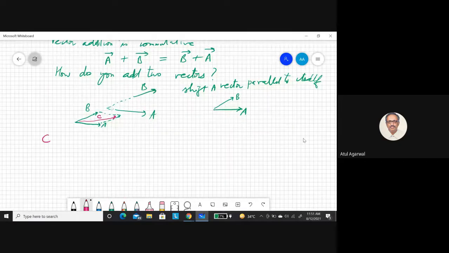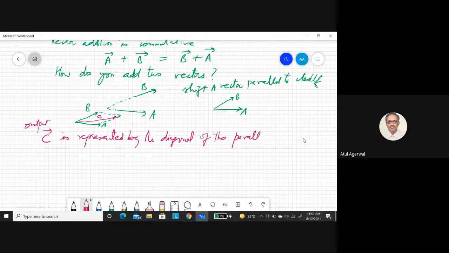So your output C is represented by the diagonal of the parallelogram formed by vectors A and B.